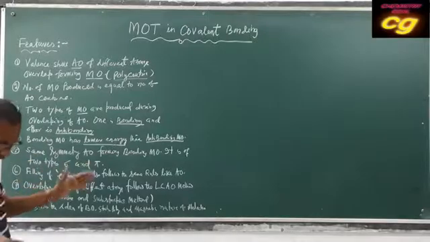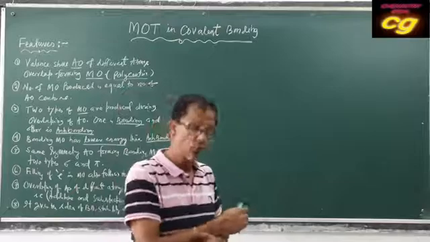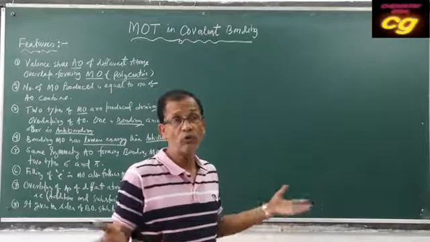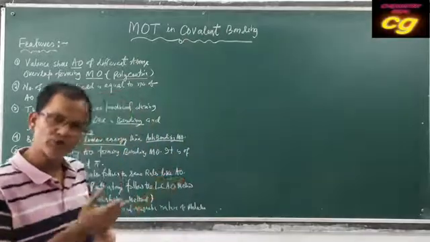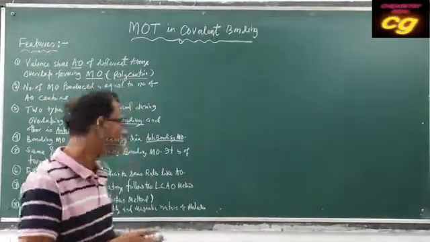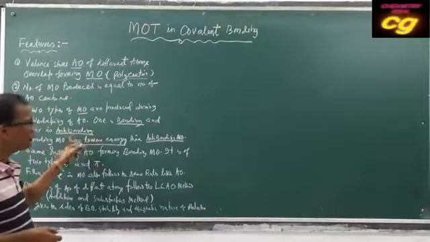Then another important concept is the rules: during overlapping of atomic orbitals, how it will produce bonding and how it will produce antibonding is explained like this.